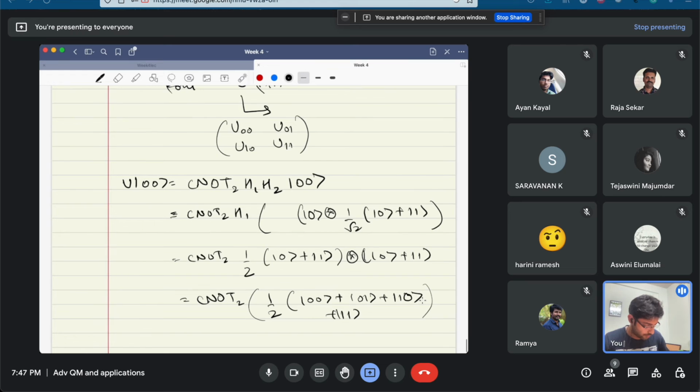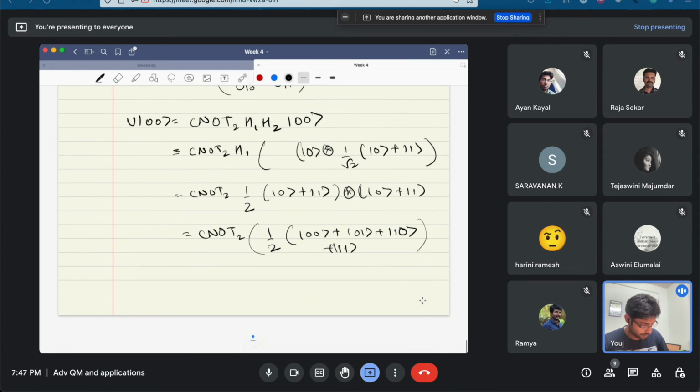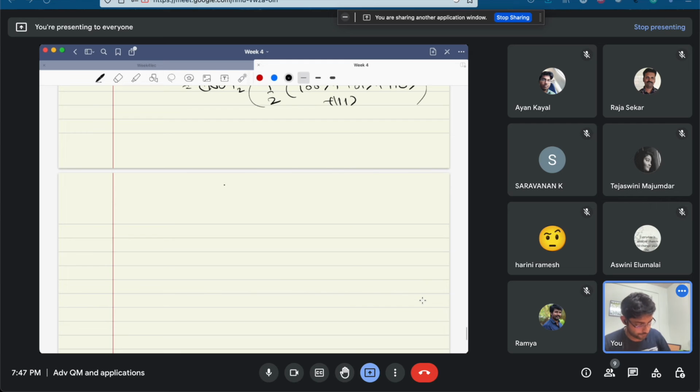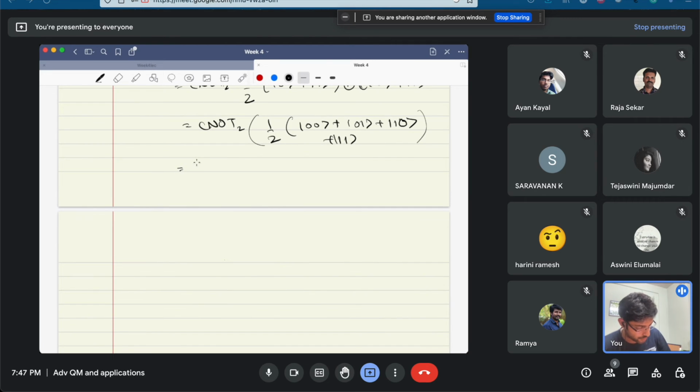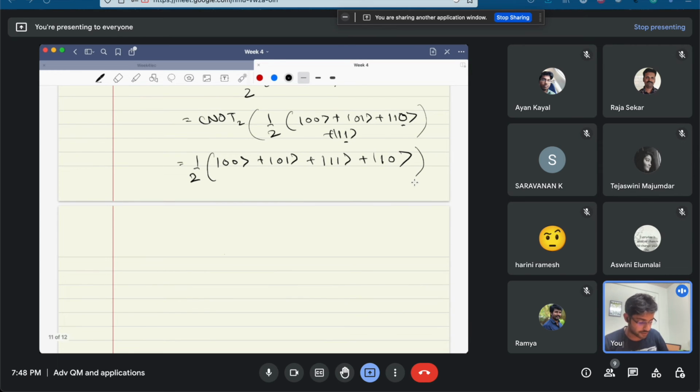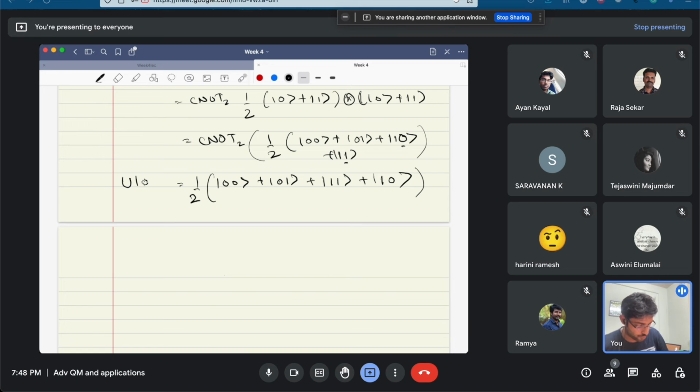And now you know what the C naught gate does here. Okay, it's again not working. So your C naught gate essentially changes only the ones with the 1 in the first qubit. So it actually doesn't change the state at all here. So this part got to 0, this part became 1, and what you are getting here is what was already there previously, and this is your U00.